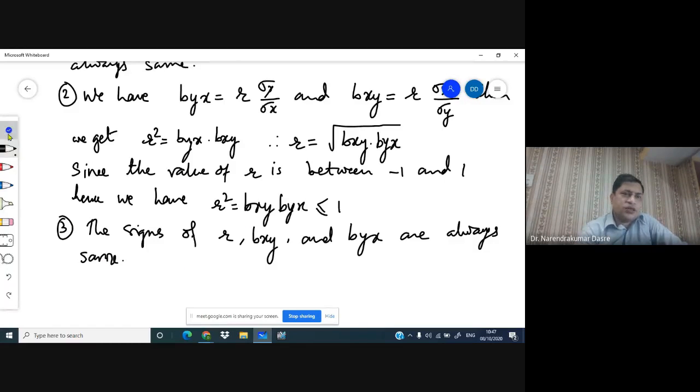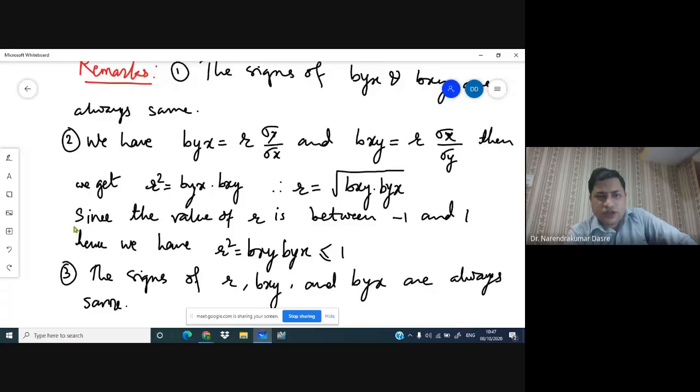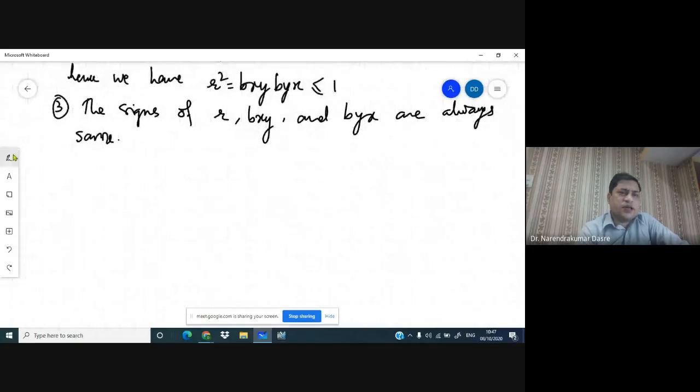Now using these remarks, we have to solve the next types of problem. So let us see the problem now.